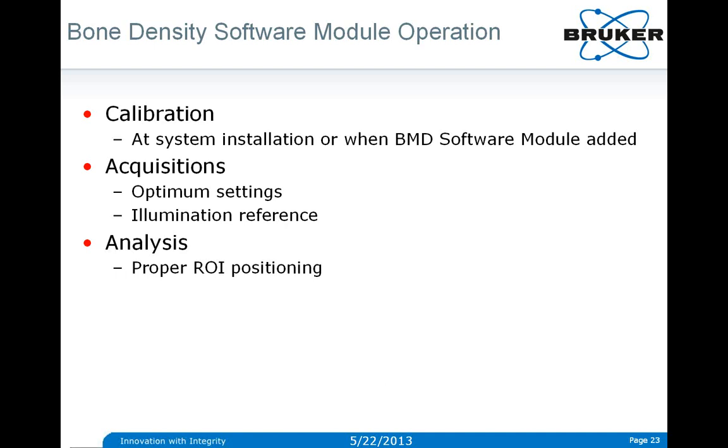The calibration is a very straightforward, automated process that only takes a few minutes and can be easily run by the end user, and can be installed if the bone mineral density software module is added at a later time point. For acquisitions, we will look at optimum settings and also point out the process for creating illumination references, which should be applied when bone density analysis is being performed. And then finally, the workflow for performing analysis and proper ROI positioning.